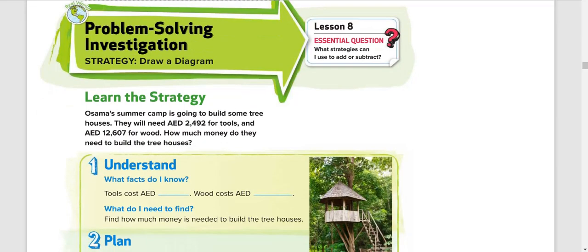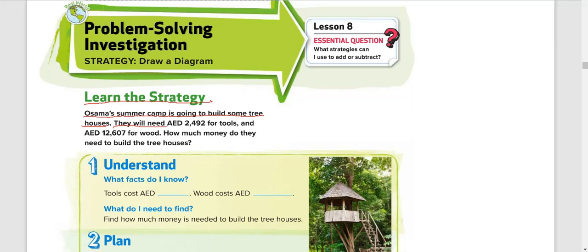Okay, so let's start with learn the strategy. Osama's summer camp is going to build some tree houses.